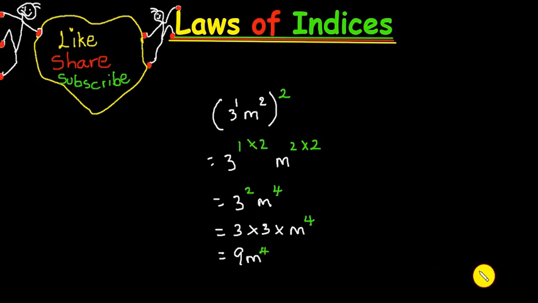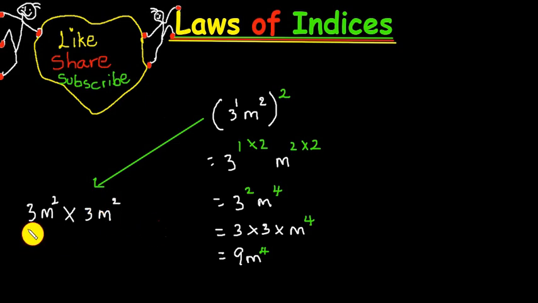Before we close this video, you may be wondering, can we expand that and get the same answer? Yes, of course. The question that we were given here, 3m squared raised to the power 2. What this simply means, look down here, is 3m squared multiplied by 3m squared.